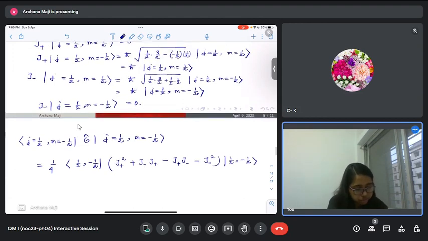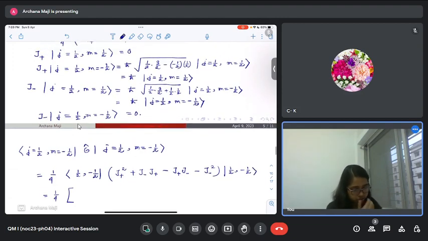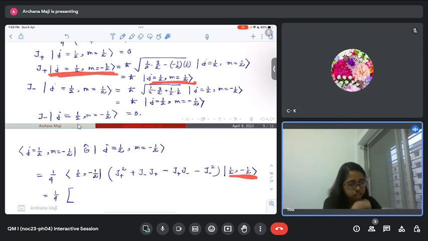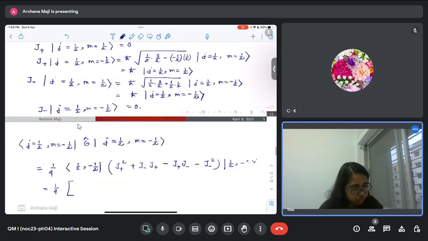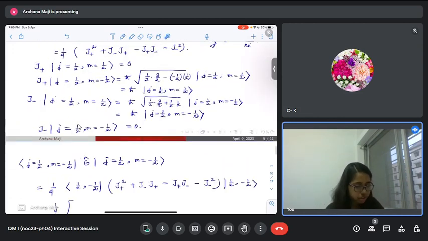Okay. Now can you tell me what are we getting? So j plus square acting on this. So when j plus acts on this particular state, that gives us this, right? H cross. So let's do this. But the only non-zero contribution that you get is only from this second term, okay? And all other terms will become zero. Can you see that already, or should I explicitly do this?